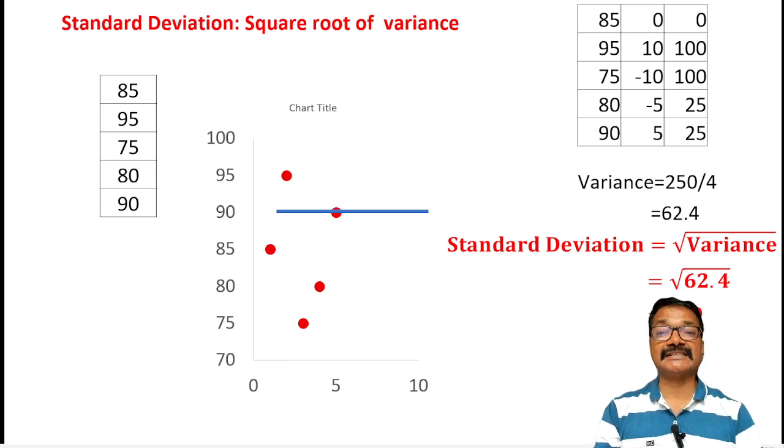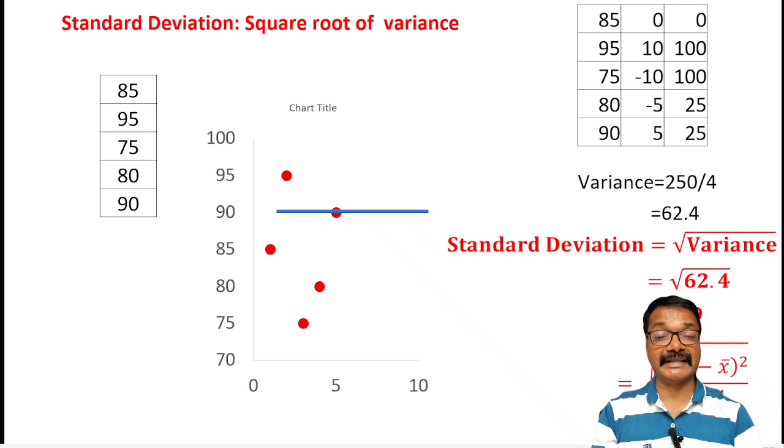So that is the standard deviation. If I told you this formula directly, you would not get clarity. If I take an example, then clarity will be there. That's why I have taken the example.